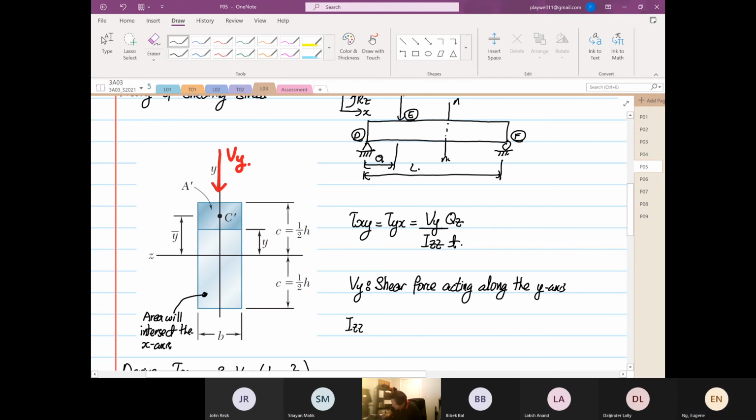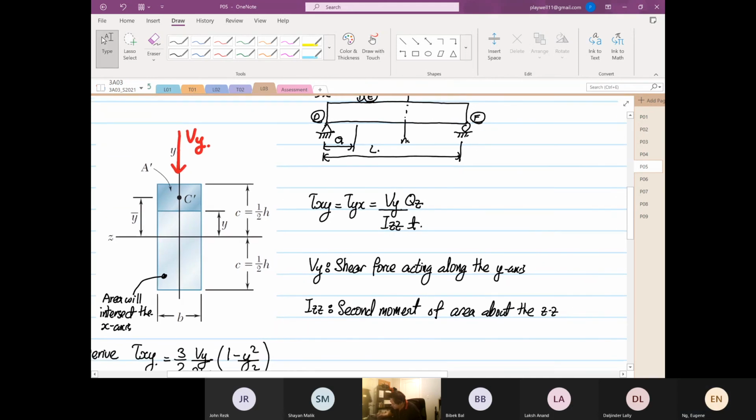Izz is the second moment of area about the z axis, right?